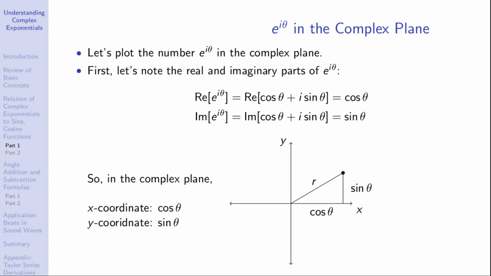And the imaginary part of e^(iθ) is equal to the imaginary part of cosine θ plus i sine θ, which equals sine θ. So, in the complex plane, the x-coordinate of e^(iθ) is equal to cosine θ, and the y-coordinate is equal to sine θ.